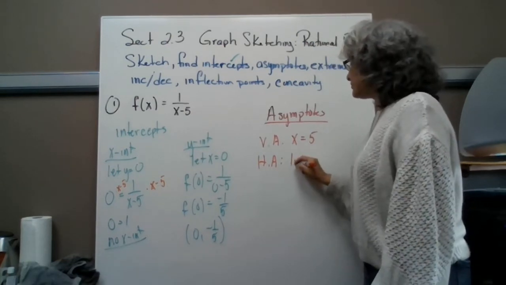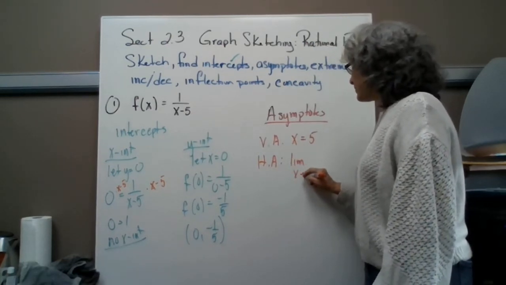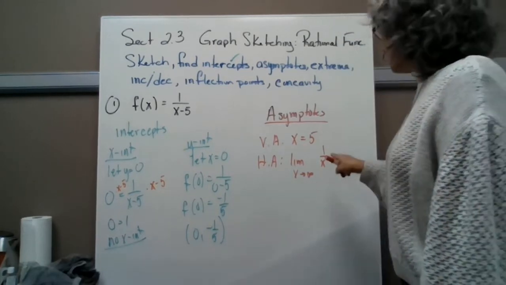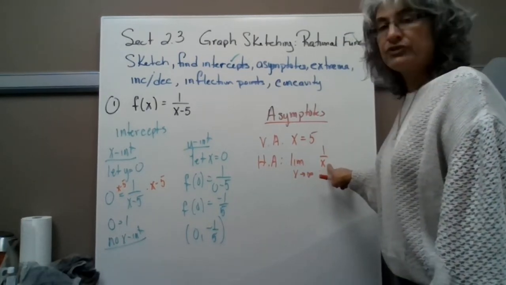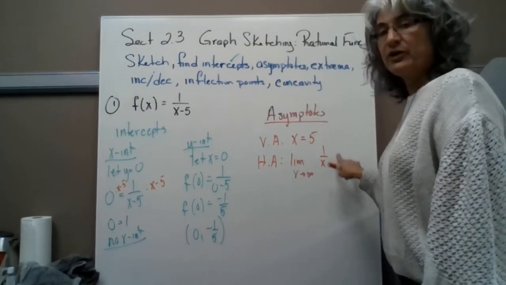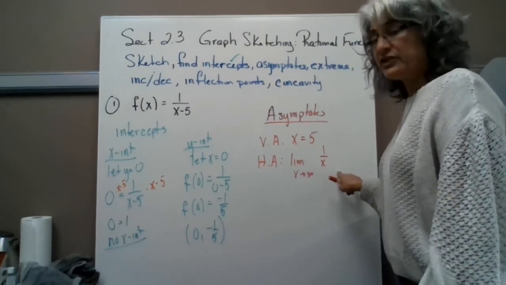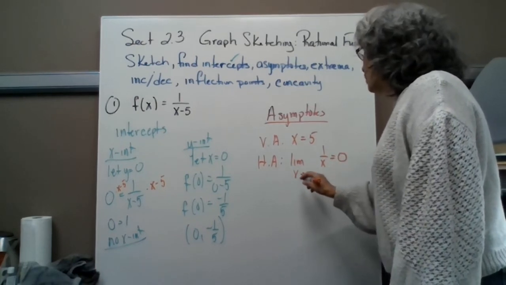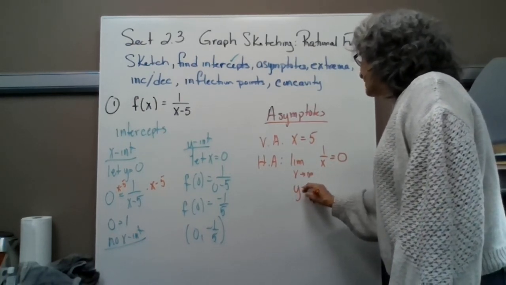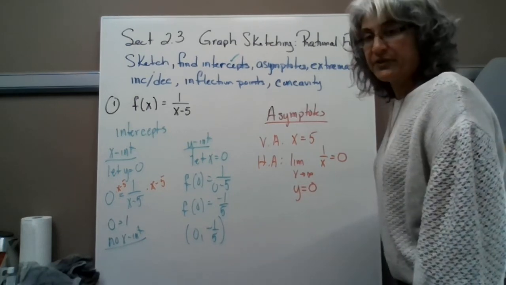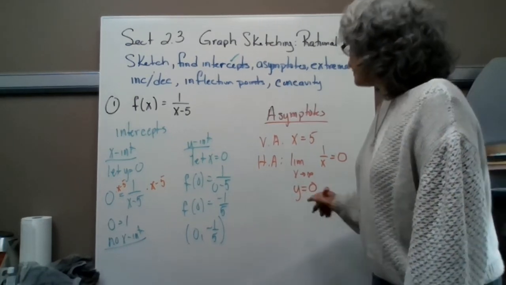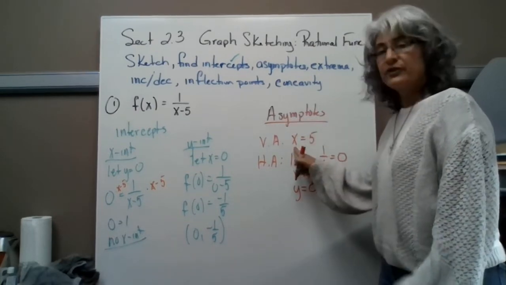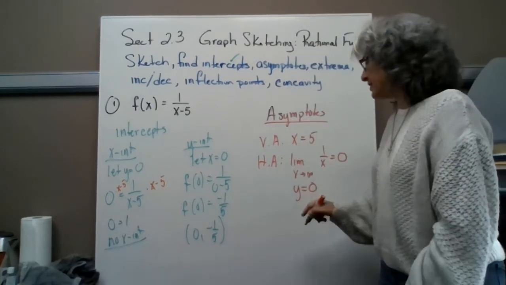So I'm going to find the limit as x approaches infinity of 1 over x. As x gets larger and larger, the whole fraction becomes smaller and smaller, doesn't it? Till it eventually looks like it's 0. So the limit is going to be 0, which means my horizontal asymptote is y equals 0. Remember, horizontal is a y line. Vertical is an x line.